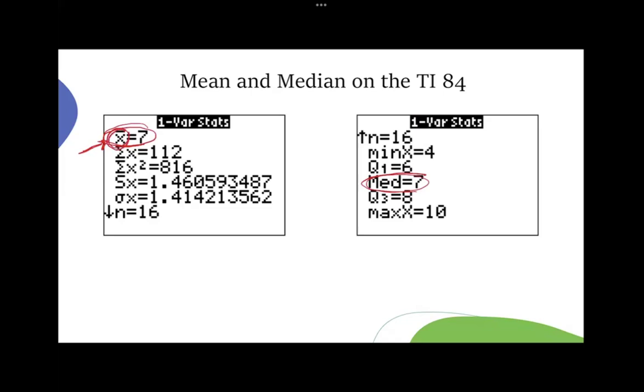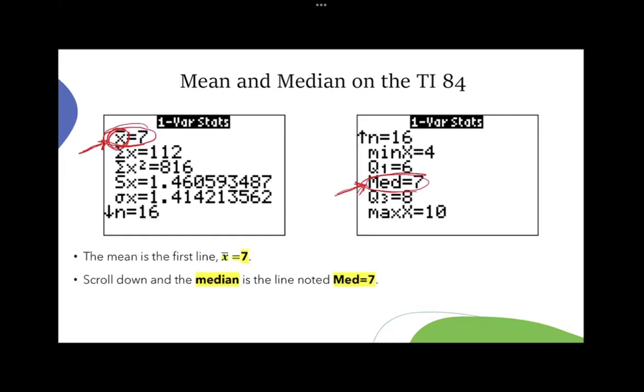If your data represents a sample, you use x bar. The calculator does not distinguish. The calculator will only give you the symbol for the mean of a sample. There is no symbol for a median, so it's just denoted here by MED. So the mean is the first line, that's x bar equals 7, and the median is noted by MED, and that's also 7. Why do you think the mean and the median are the same here?